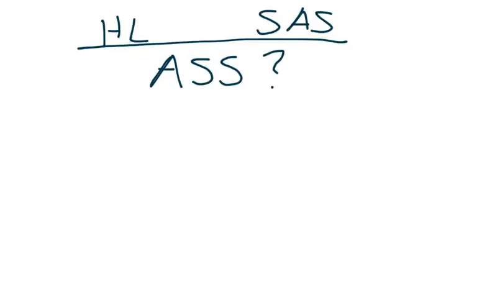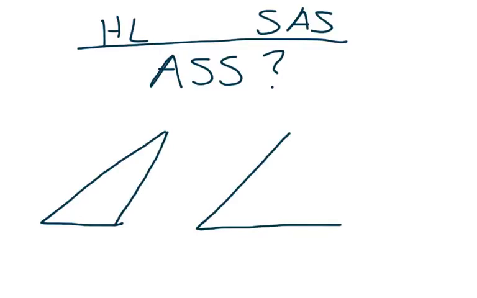And the answer is no, that won't work. Let me draw a couple triangles here to give you a counterexample of why angle side side does not work. So let's say I have this triangle here, and then I've got this triangle here. You will notice that they each have a congruent angle.